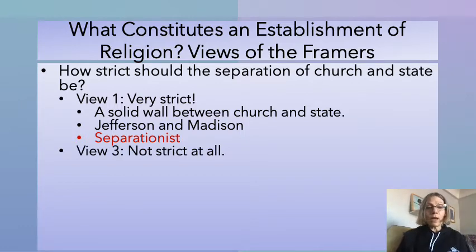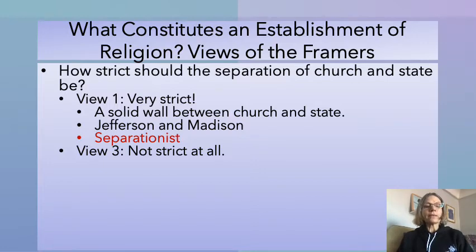The other view is on the other end of the spectrum. While Jefferson and Madison had a separationist point of view, other framers like Patrick Henry were supportive of providing a lot of support for religions. Patrick Henry introduced a bill in Virginia to use tax dollars to support the Christian religion, for example.